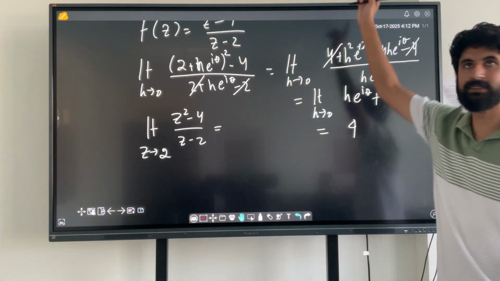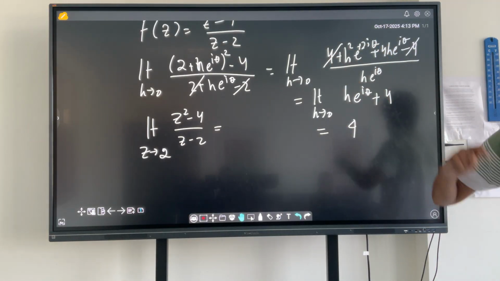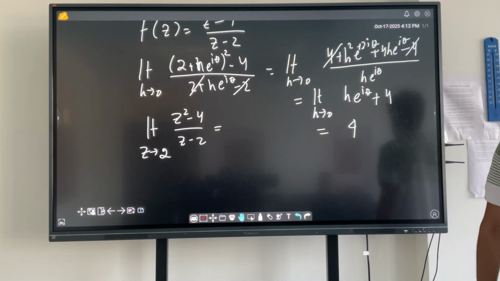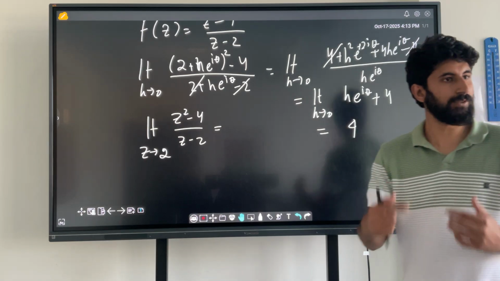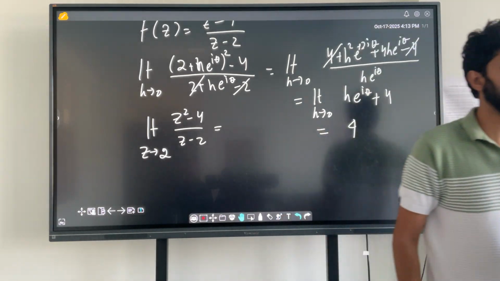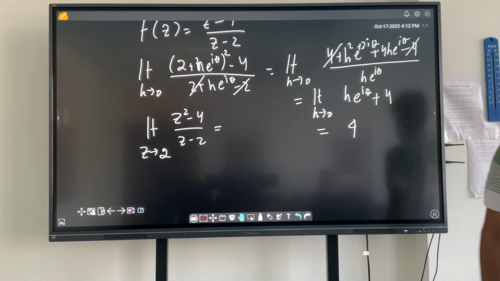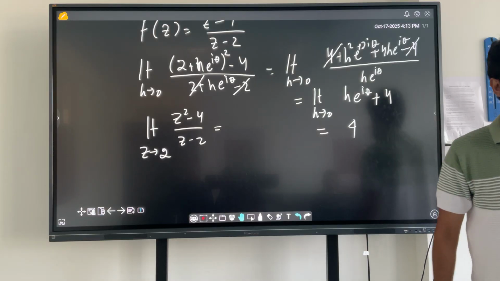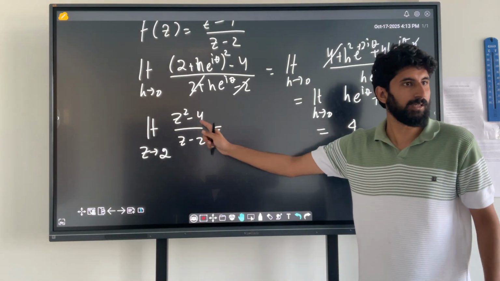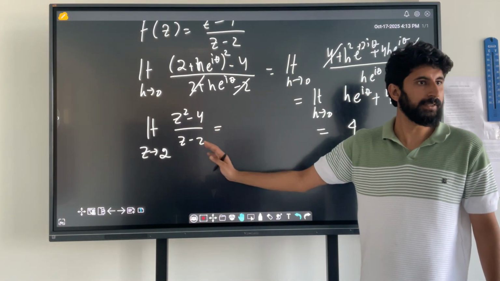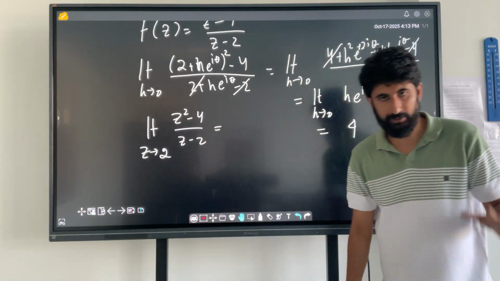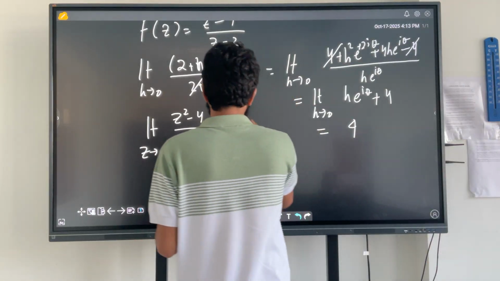When this limit exists there, what do we call the function to be? Continuous. We call the function continuous provided the function is well defined at the value, and this limit is equal to f of z. Obviously, this function is not well defined at z equal to 2, but this limit was 4.